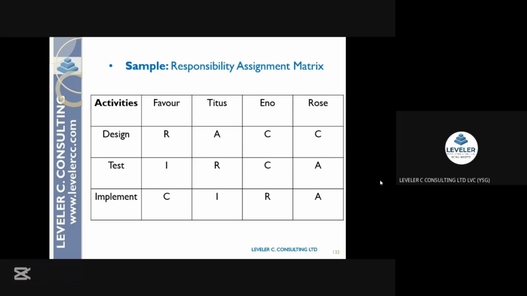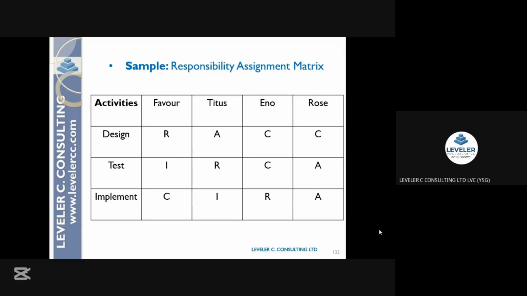When you look at the matrix table again, you will see something like R, A, C, and I. What does that mean? These signals show who is accountable, who is responsible for implementation, and who is to be informed. So let's look at it. R means responsible.